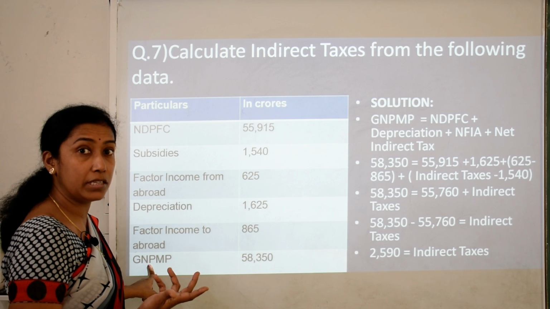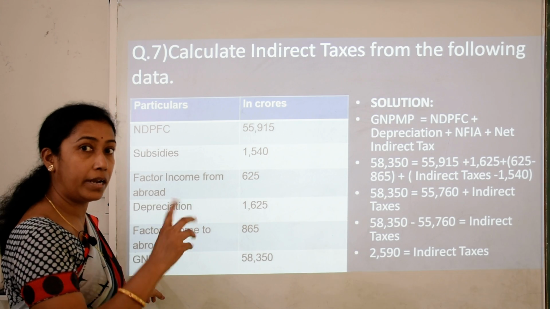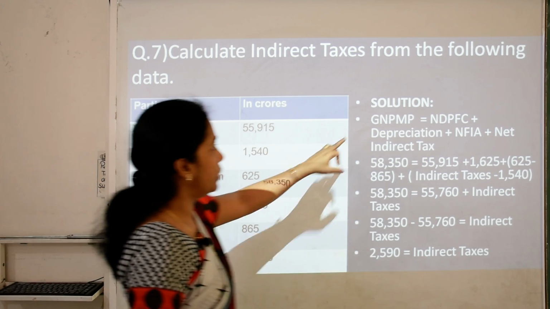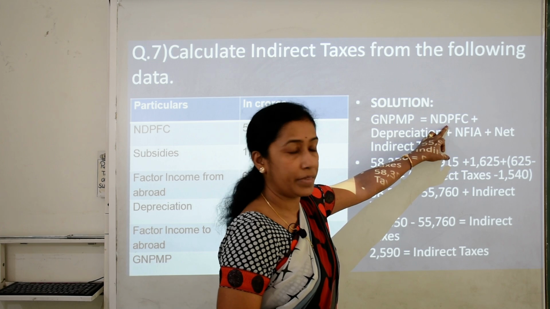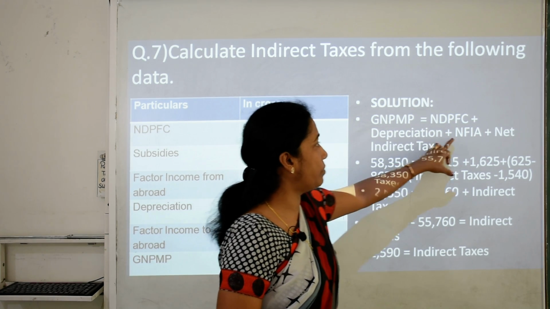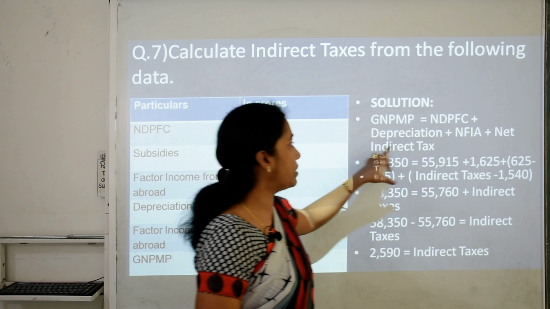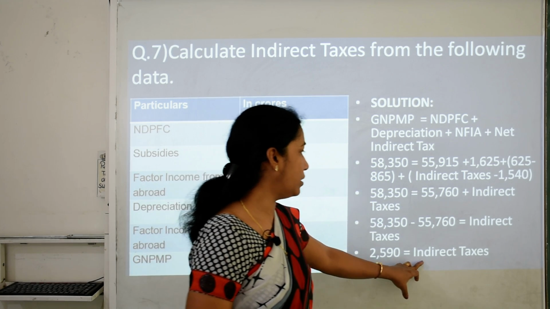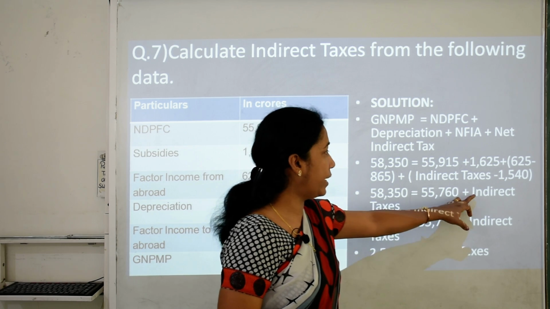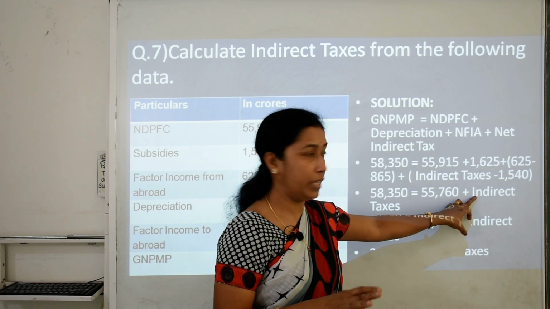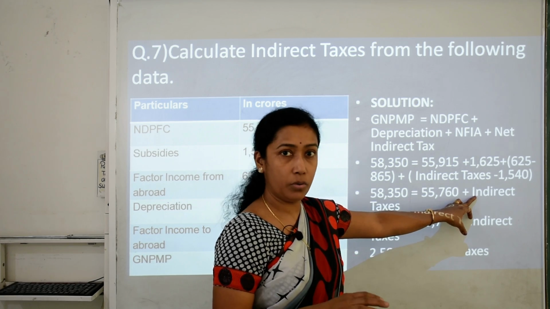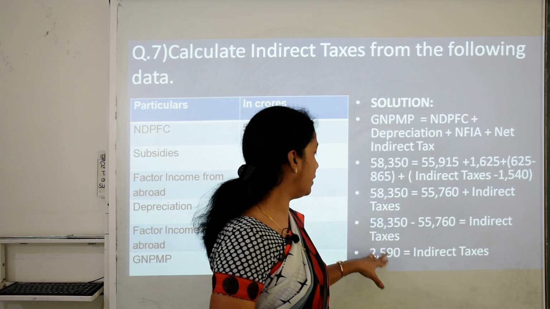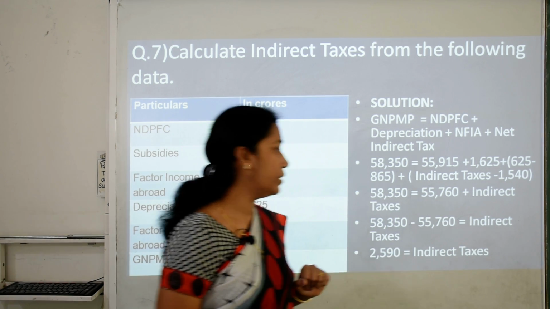You need to see the formula in which all these things are covered, with which you can calculate indirect tax. GNP at market price is equal to NDP at factor cost plus depreciation plus net factor income from abroad plus net indirect tax. After applying all this you will get the answer of indirect tax. Indirect tax is written as it is in the formula, because it is not given here, and we get the answer, that is 2,590.